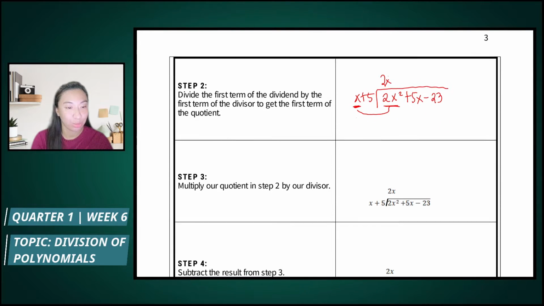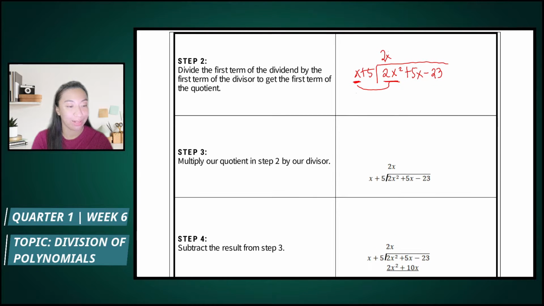Once we are done with that, let's proceed to step 3. You are going to multiply the quotient in step 2, which is 2x, by our divisor. Since our divisor is a binomial, x plus 5, we will distribute 2x to x plus 5, one by one. So 2x times x gives us 2 times 1 is 2, x times x.